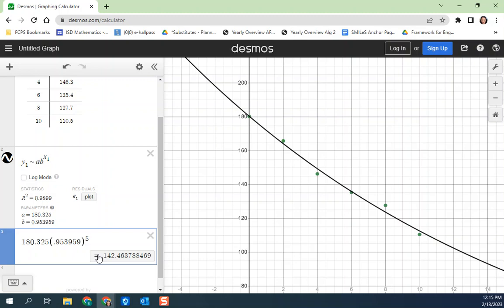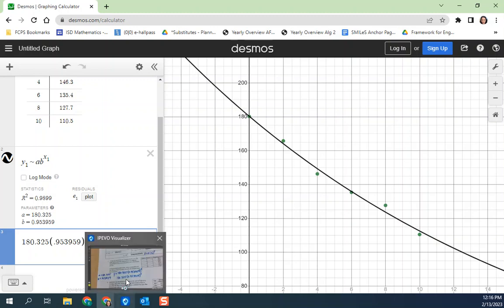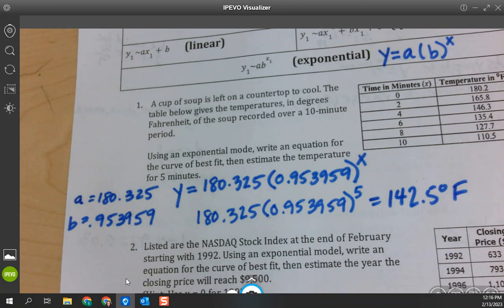So down here is where I did that. And I got 142.5 degrees about. Degrees Fahrenheit, because there exists a scale called Celsius too. Okay. All right, we're going to start the next one and then we'll finish it after lunch.